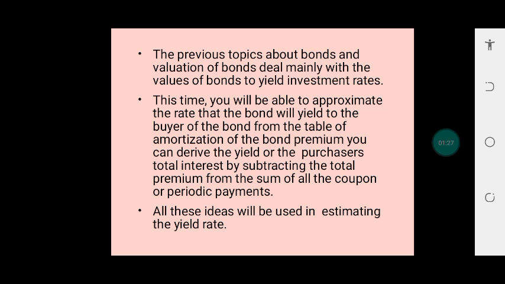You can derive the yield, or the purchaser's total interest, by subtracting the total premium from the sum of all coupon or periodic payments. All these ideas will be used in estimating the yield rate.